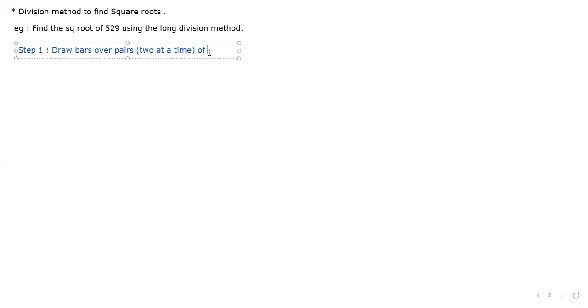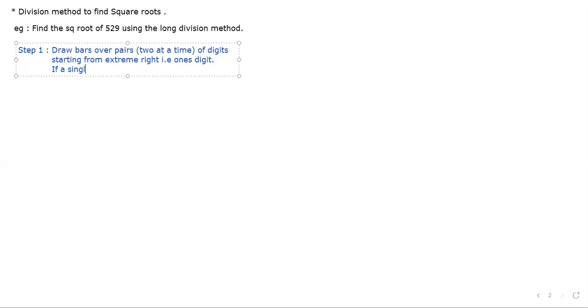So draw bars over pairs of digits starting from the extreme right, that is the ones digit. We have to draw the bar over two digits at a time.